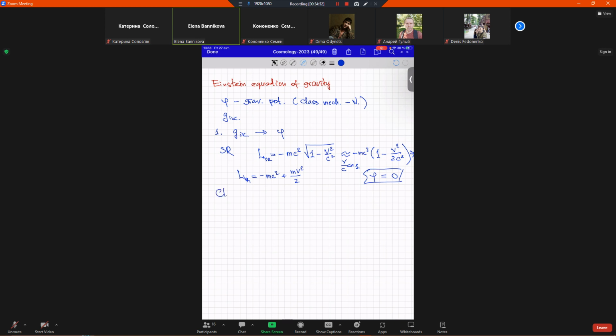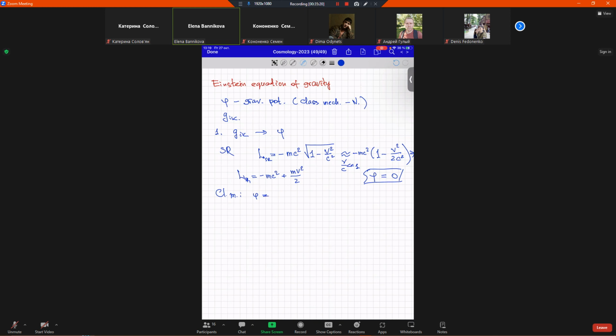In classical mechanics, otherwise, consider a particle located in the gravitational field phi. We can consider the case when phi is less than 0, so it's negative.